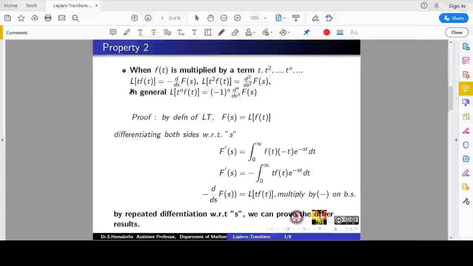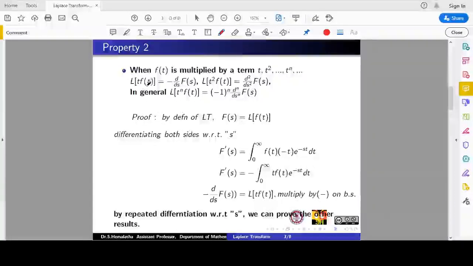Next is when you multiply a t with a function of time f of t. This is easily derived by taking the derivative of F of s. In other words, find the derivative once with respect to s, and multiplying by a negative gives you the result.